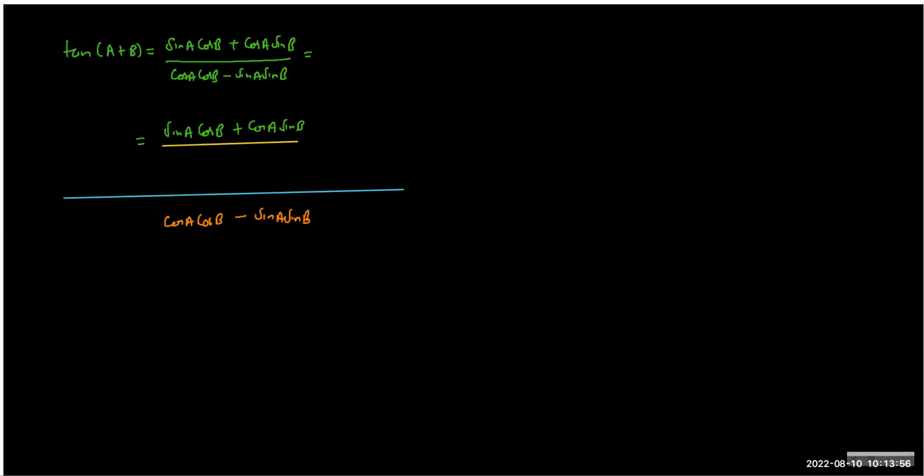Oh my God, so much writing. And then what we do is we divide the numerator and the denominator by cos A cos B, and this will simplify the answer.